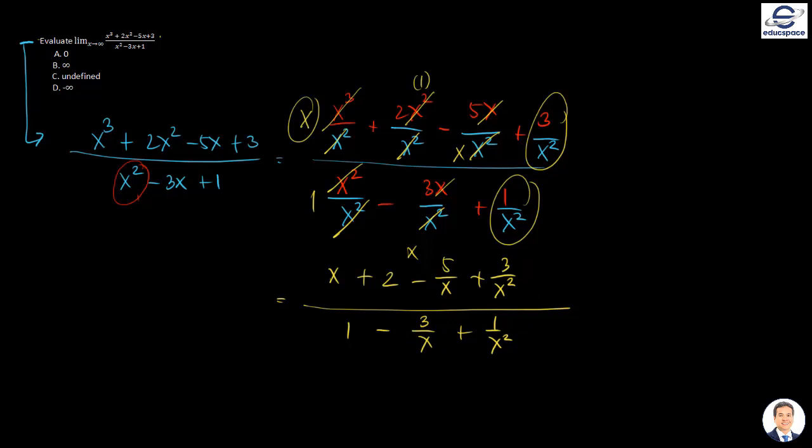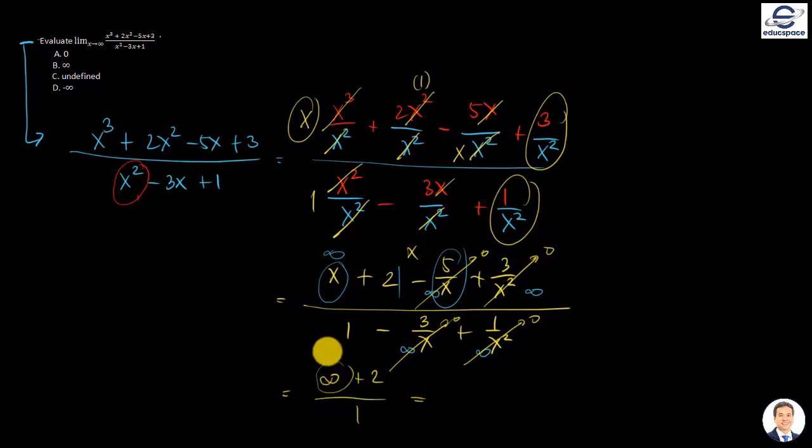Now we evaluate. Take note, this means we have infinity plus 2, and then here we have 5 over infinity, which is basically 0. Also here we have 0. Also in the denominator, if we find the variable x in here, this becomes 0. So what we have is infinity plus 2 over 1, and this is a huge number.